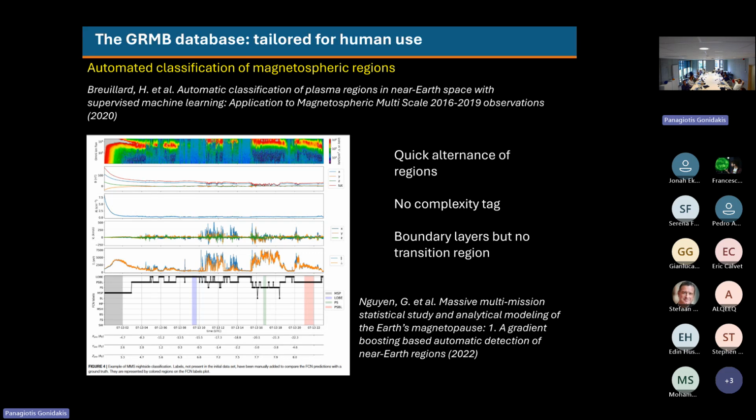So you have your tool, it's checking data and tells you I'm here, I'm there. And this can change at very short time spans. There is no complexity time. So either you are in the plasma sheet, in the lobe region, whatever, but it doesn't tell you if it's standard conditions or if something special may happen.